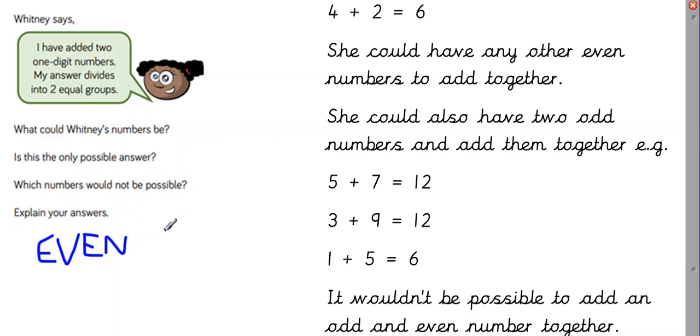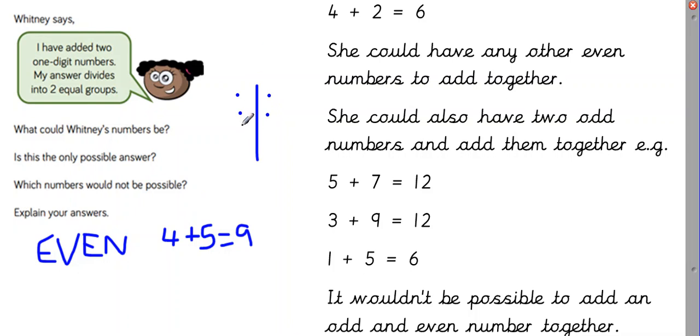So if I added 4 and 5, my answer would be 9. Okay, so if I put that into my columns, I have 1, 2, 3, 4, which is there.